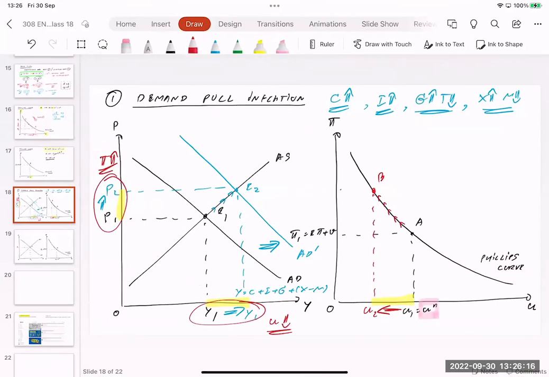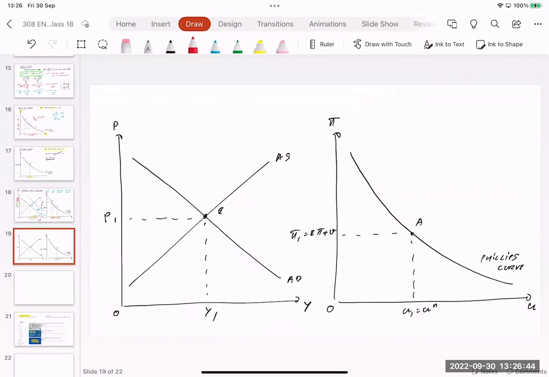Inflation increases more than normal from pi 1 to pi 2. Inflation increasing, unemployment reducing, moving from point A to point B on the same Phillips curve. This is a case of moving along the curve. This is the first one, demand pull inflation. Everything becomes more expensive. Inflation becomes higher because of the demand side.